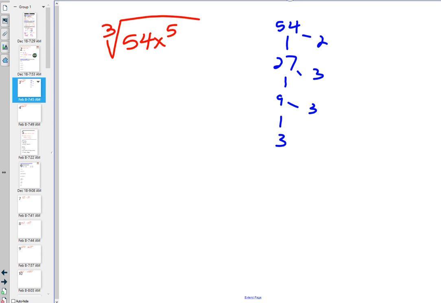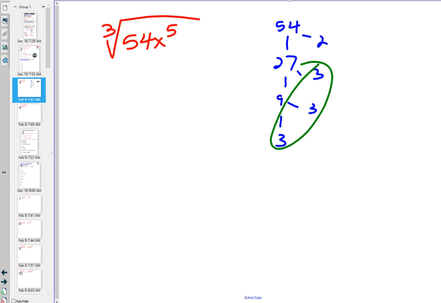Anybody have it now? We can see from the tree that there's a 3 that's going to come out.